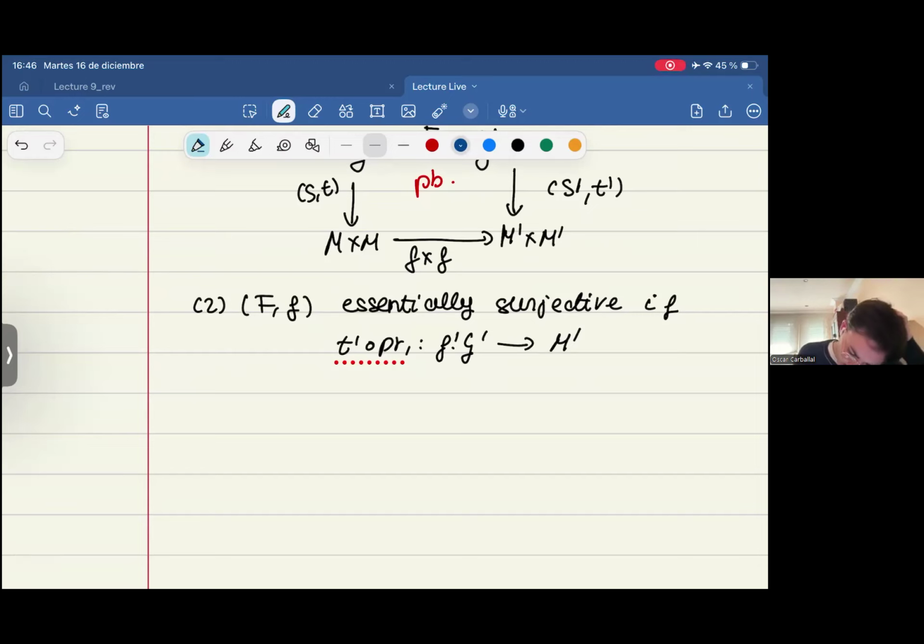And remember that things here were like, let me write, this was from X prime, an arrow in G prime, from the image of X, which is a fiber product. Okay, if this projection here, this map here, is a surjective submersion.